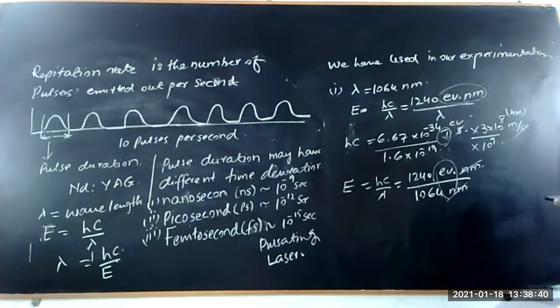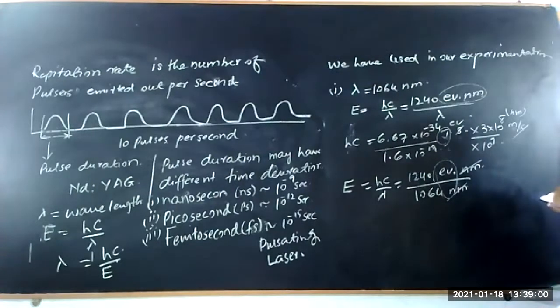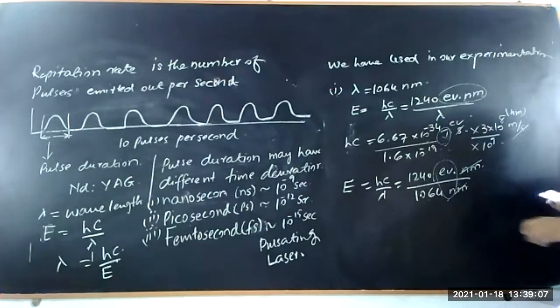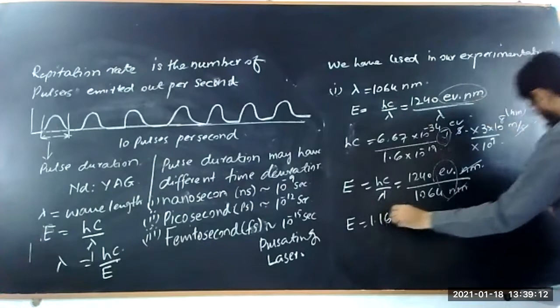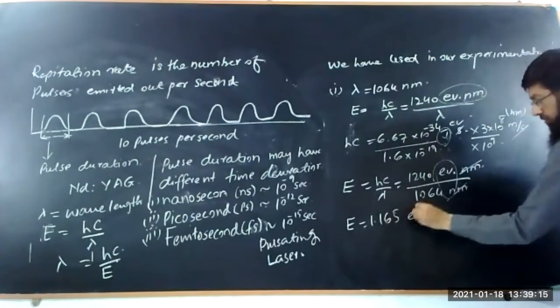Let's say we are using a calculator here. So 1240 divided by 1064 is equal to, E is equal to 1.165 electron volt.